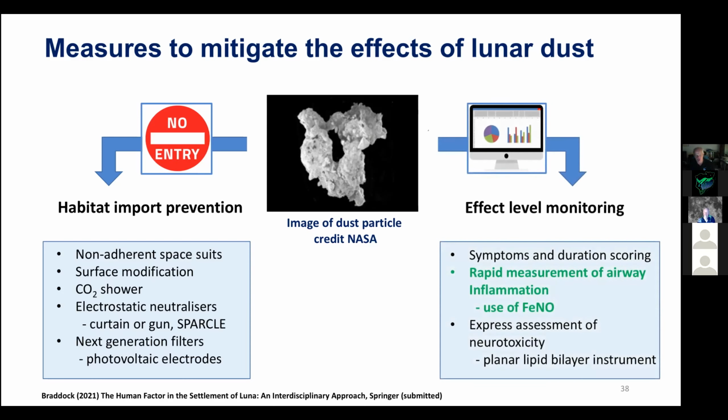Likewise, if we assume that we are going to get dust and regolith, or at least the dust component of regolith, into the environment, how can we monitor it? We have to have in place a symptoms and duration scoring algorithm, just as we would have for hay fever on Earth. And of course, that's relatively easy to implement.